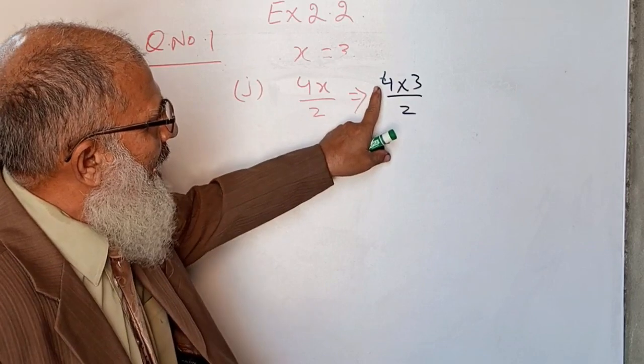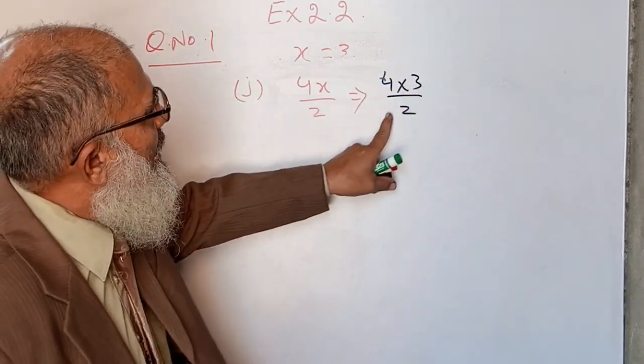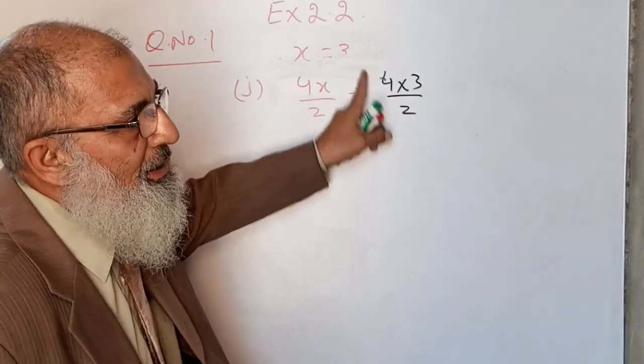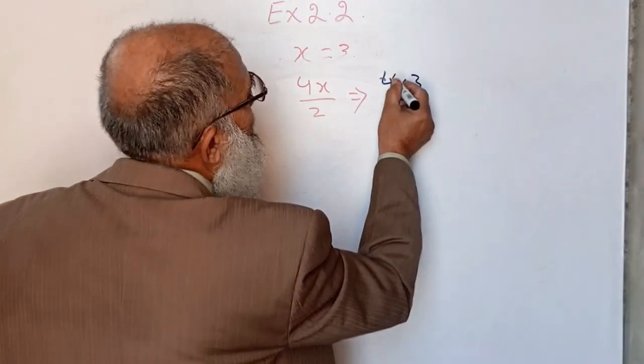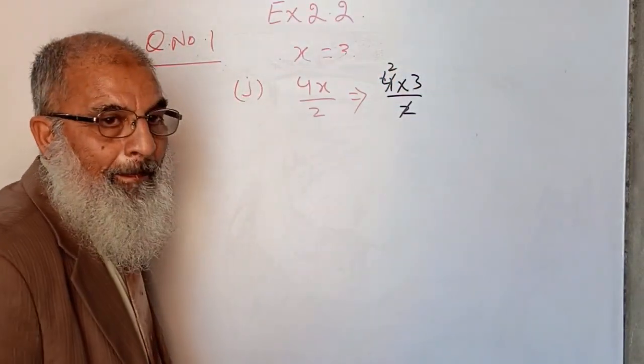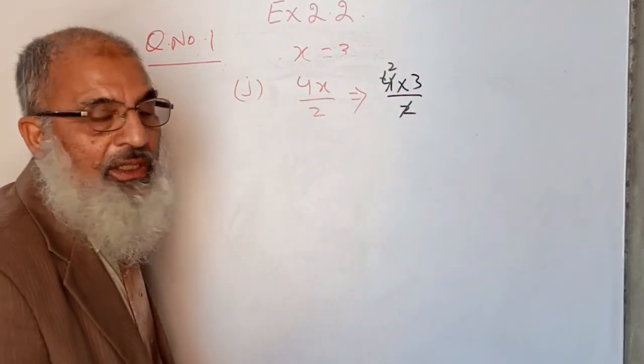Now either you can go for the multiplication first and then division, or you can go to division first. You see that this goes with this because there is a multiplication sign.